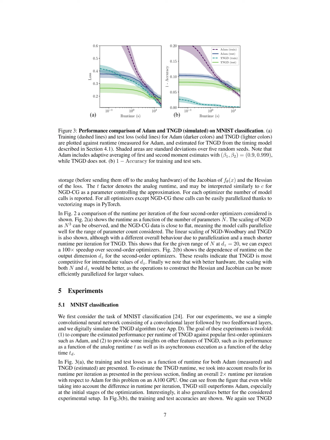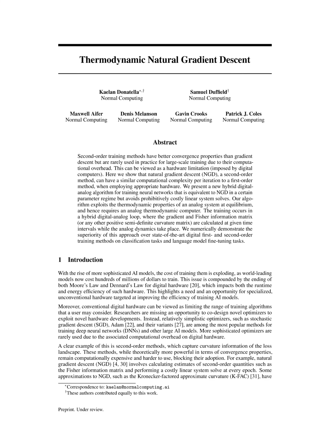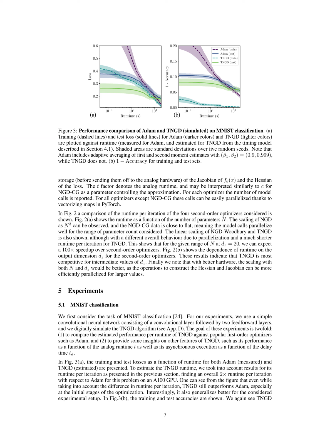In the MNIST classification task, a simple convolutional neural network is used, and the performance of TNGD is compared against popular first-order optimizers like ADAM. The training and test losses, as well as accuracies, are monitored. The results show that TNGD outperforms ADAM, especially in the initial stages of optimization, and also displays better generalization.